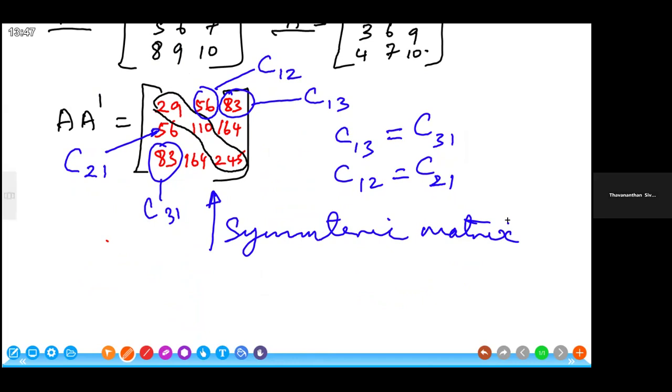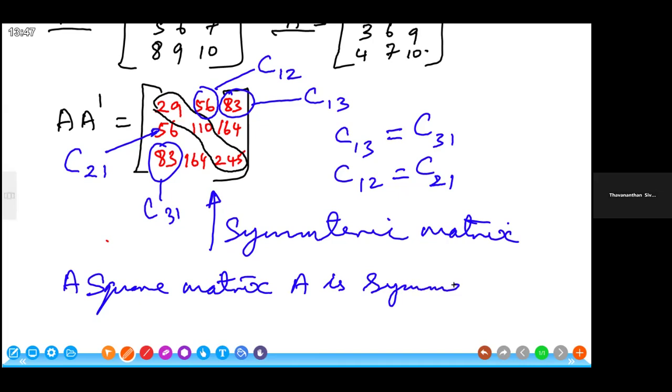Symmetric matrix. That means a square matrix A is symmetric if Aij is the same as Aji.